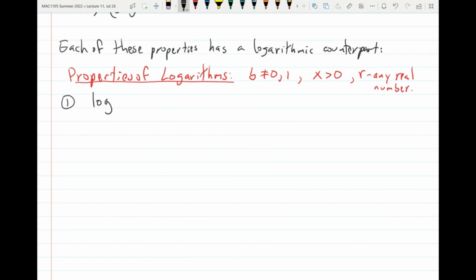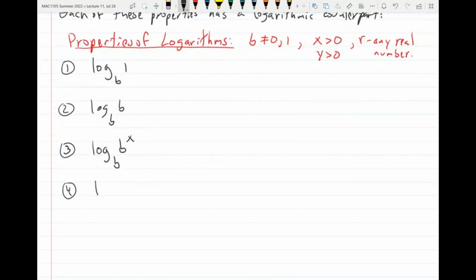Okay, so the first one, log base b of 1. So let me put that here. X and y will be positive numbers. Log base b of 1, then log base b of b. Then I guess let's do log base b of b to the x, and then b to the power of log base b of x.